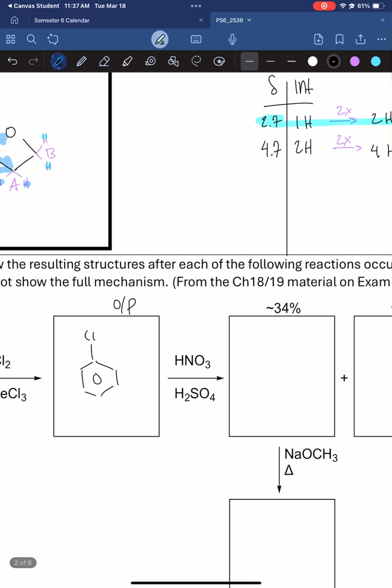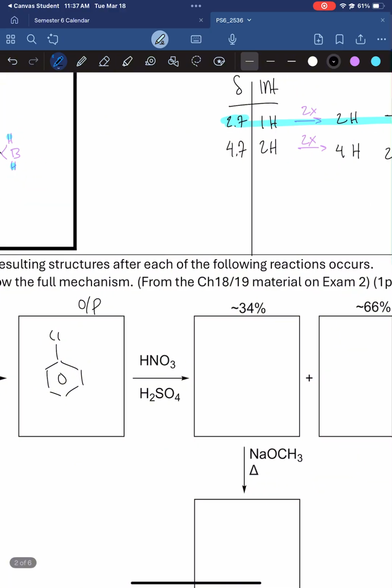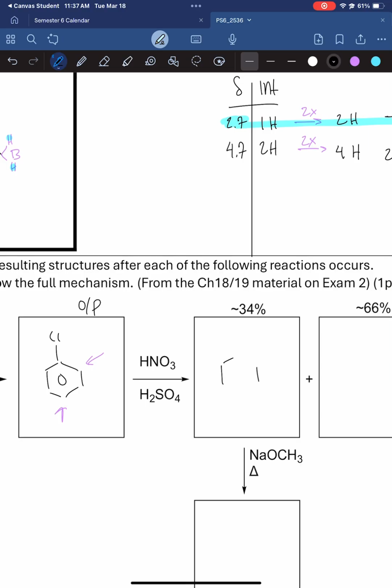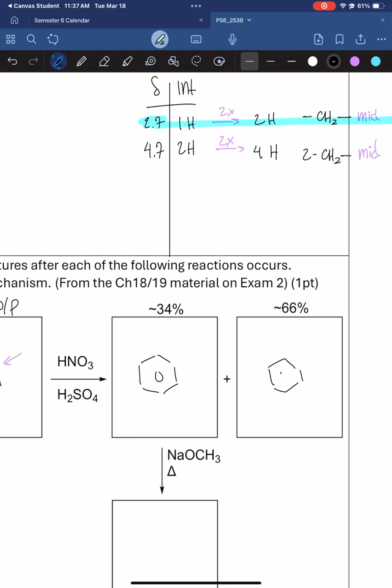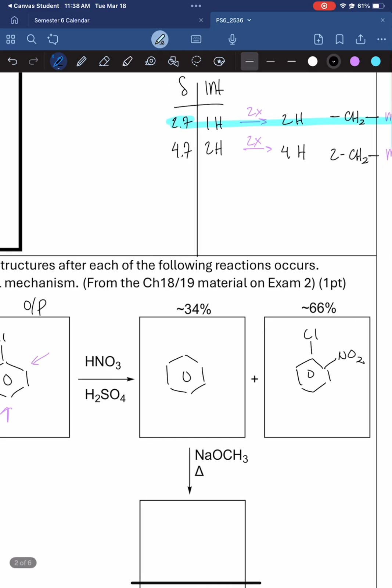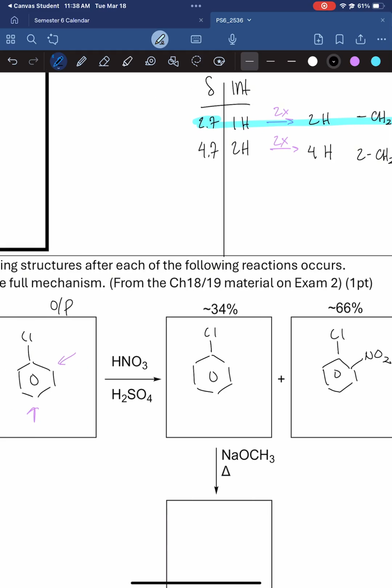If you remember where those positions go, it's going to go here and here. And in this case, the most prevalent species of the product is going to be the ortho position, and the minor species is going to be the para position.